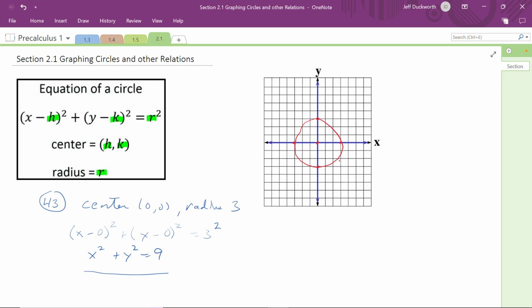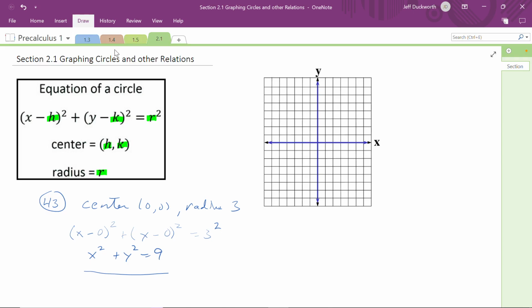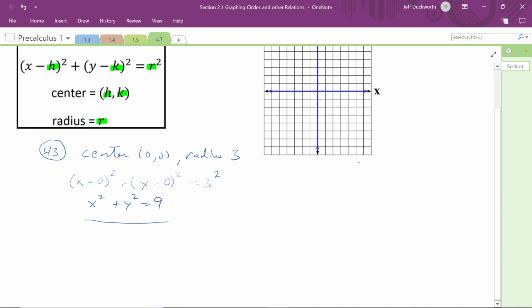All right, let's do one more of these. Let's do number 47. Let me erase this. All right, and let me scroll down a little bit. I want to keep that equation up if I can.